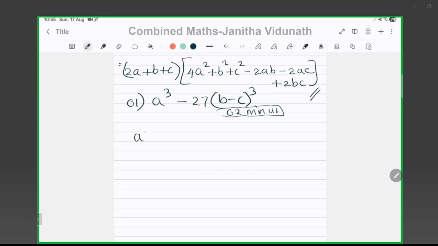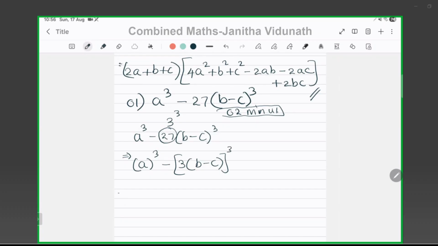Okay. Here we get a cube minus 27 times b minus c cube. Here 27 can be written as 3 to the power 3. Then here we have a cube minus 3 times b minus c whole cube.